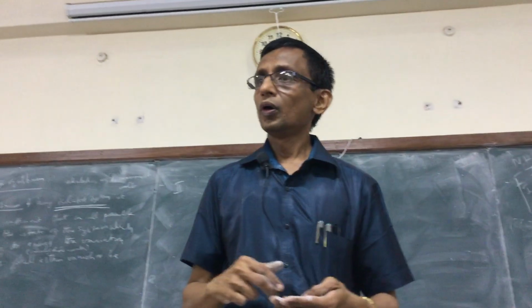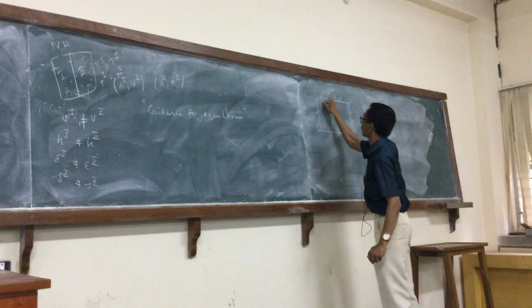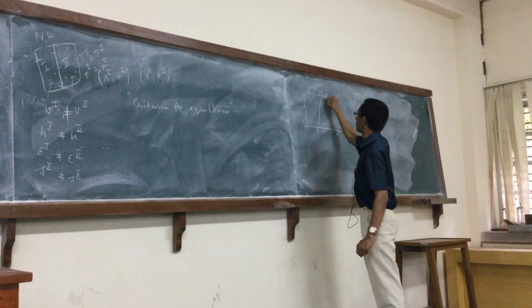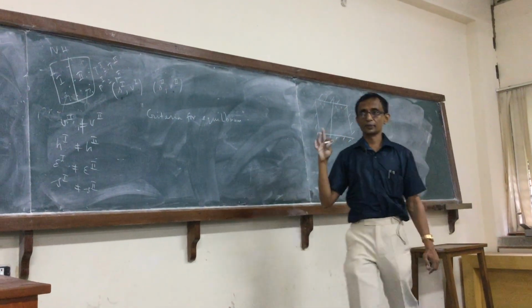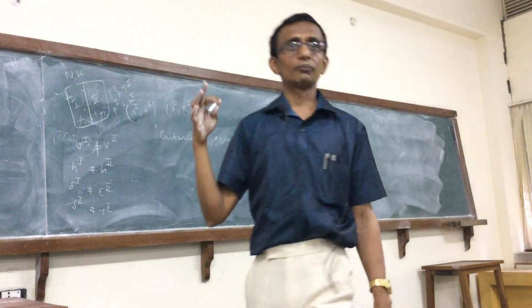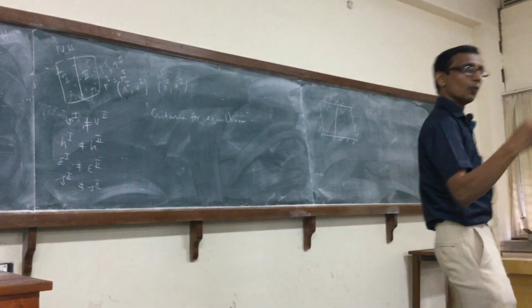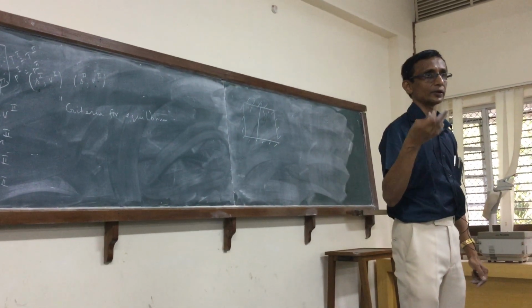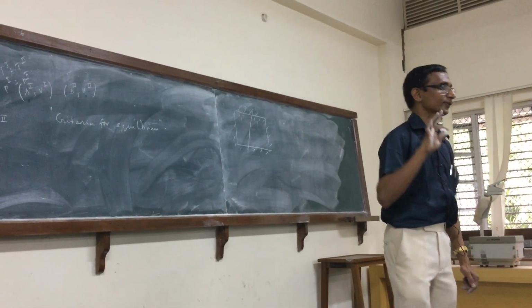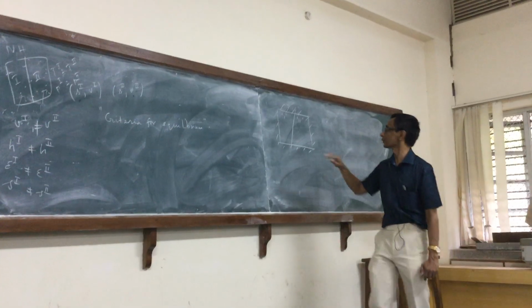I will call this the prime part, and this the double prime part. Gibbs actually considered many parts, but I am going to consider, as found in most textbooks, like Sandler, two subsystems or two homogeneous parts.